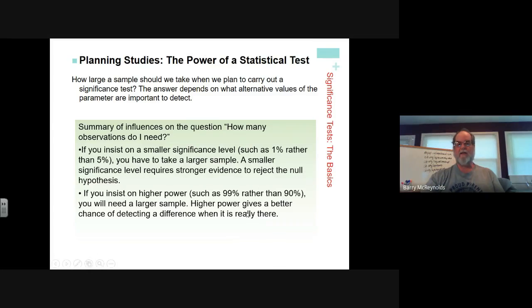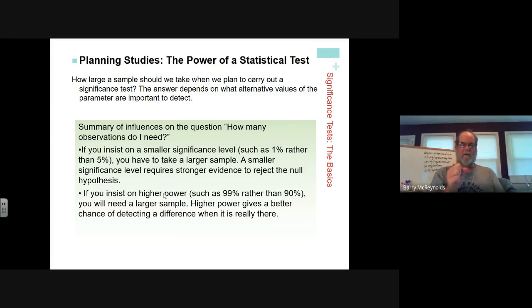Higher power gives you a better chance of detecting a difference when it's really there. The way I look at that, you've been in biology enough to think about the power of a microscope. In most microscopes, you can adjust the amount that you can zoom in on your slide, and that's called the power of the microscope.